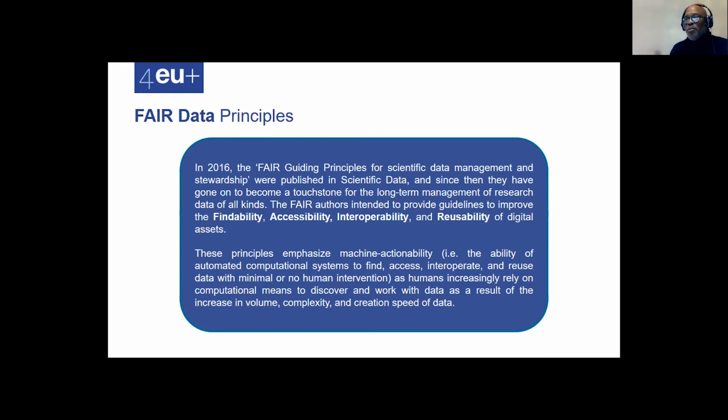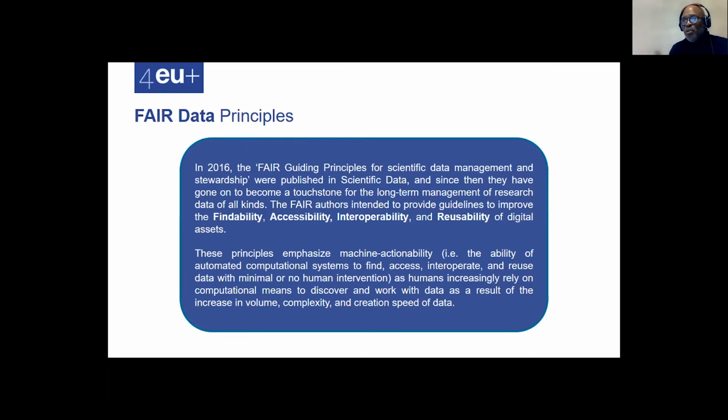The FAIR authors intended to provide guidelines to improve the findability, the accessibility, the interoperability, and reusability of digital assets. Digital assets can include anything that has either transformed into digital objects or is digitally born. These principles emphasize machine actionability.